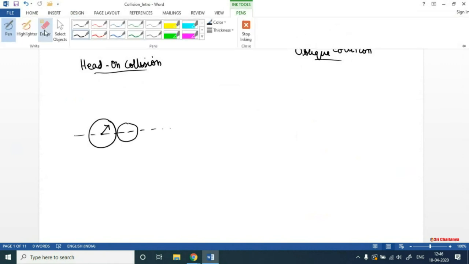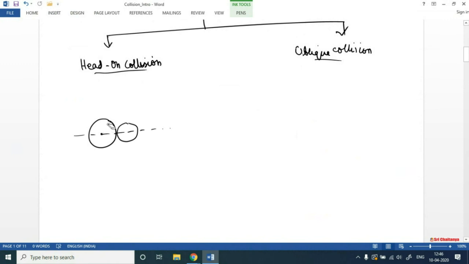So the velocities, say v1 and v2, have to be along the line of impact in order for the collision to be categorized as head-on collision.